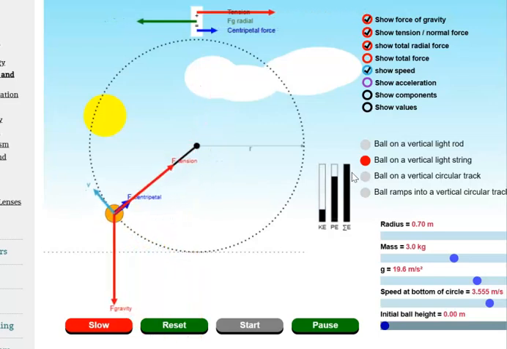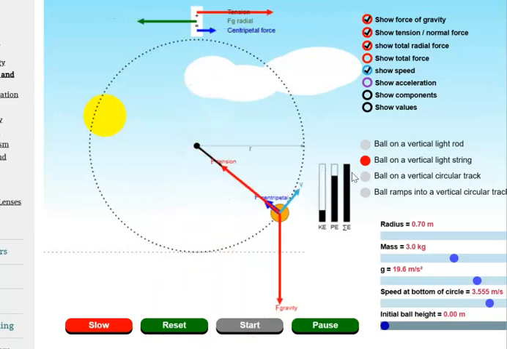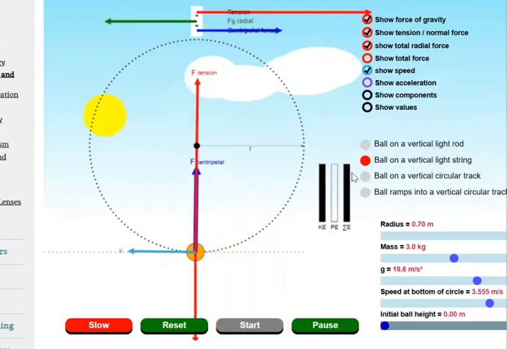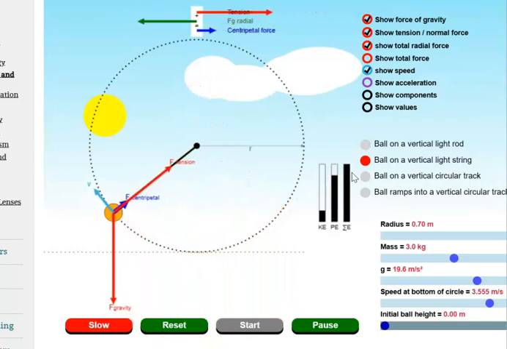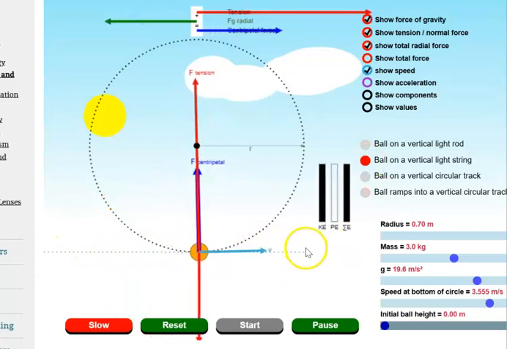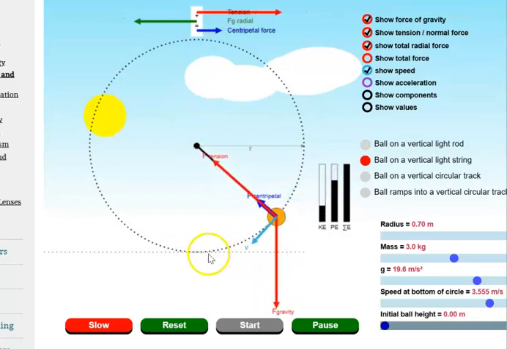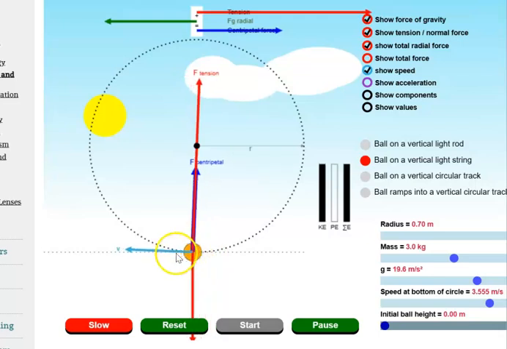You can define your zero point wherever you like, so for this purpose, we'll consider it to be at the lowest point in the circular motion. PE is 0 there, because the height is measured from that grey line, that point.